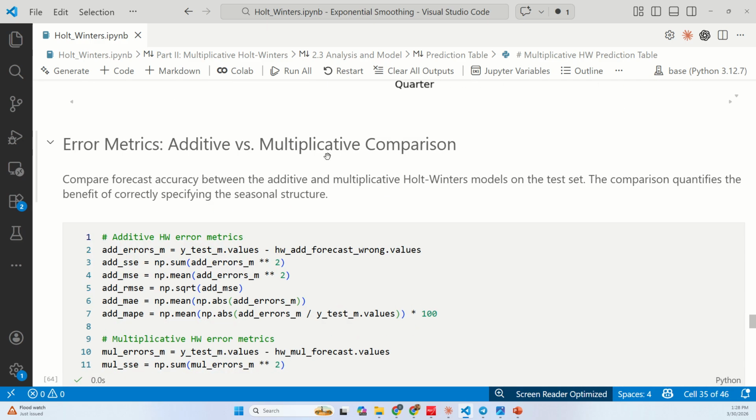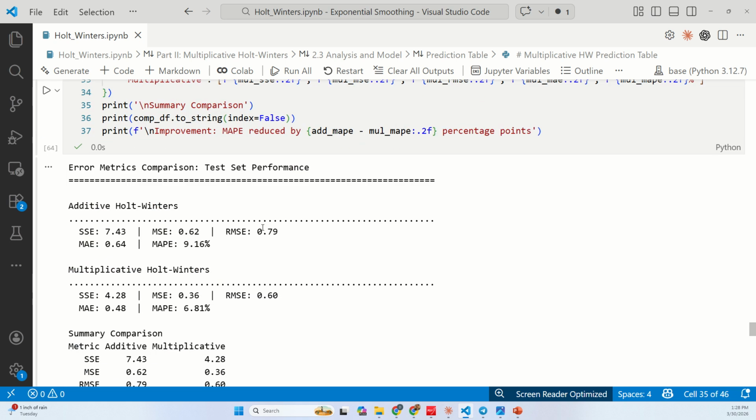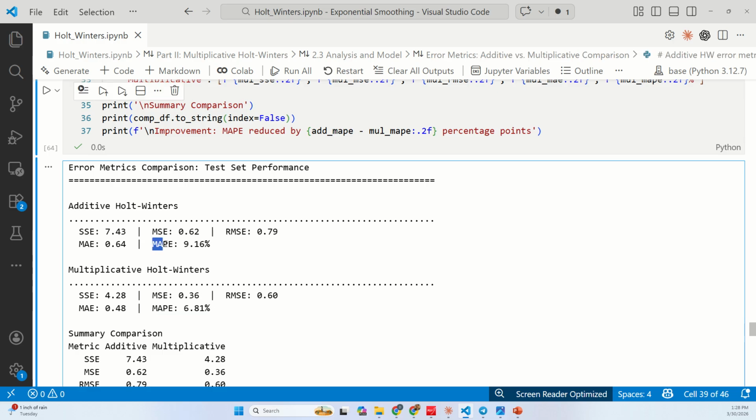It means using multiplicative and additive on the last time series, in number two, just to see what's going to happen. So of course, with the multiplicative model, we're getting a better performance. With the additive, we get 9.16%, while if we use multiplicative, it's 6.81%, which is smaller.